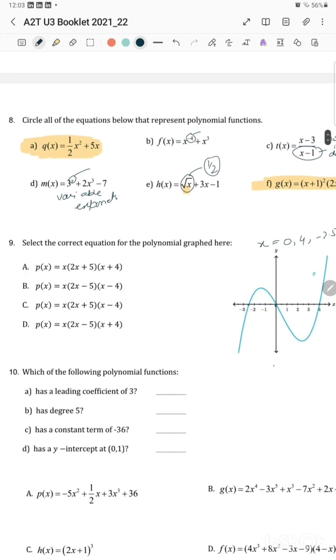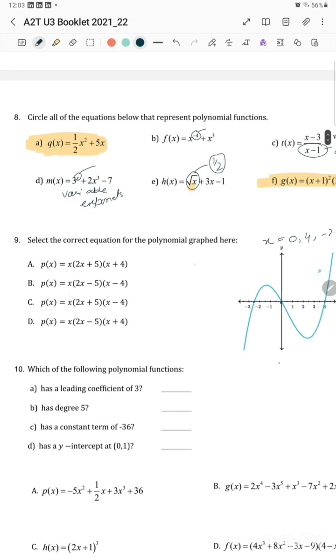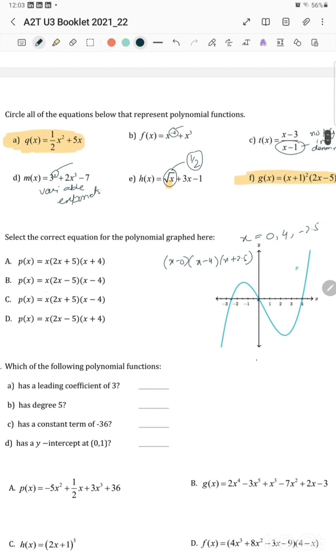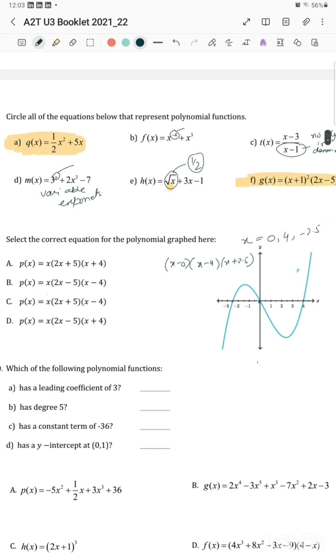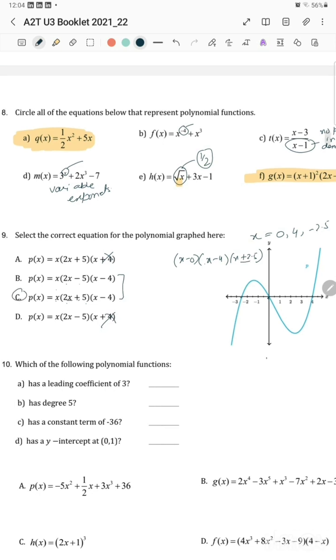So it should be x minus 0, x minus 4, x plus 2.5. So x plus 4 are cancelled. We have two options, x minus 4 and 2x minus 5 or 2x plus 5. So it would be x plus 2.5, so it's 2x plus 5. So option C is the correct answer.